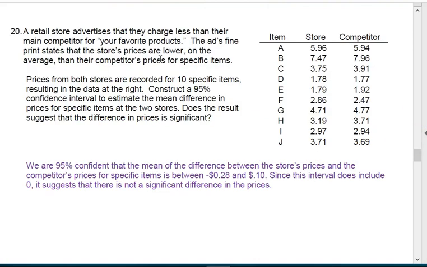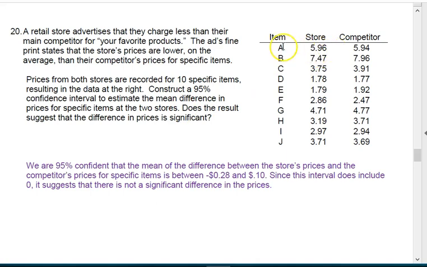The last confidence interval problem here is for the problem where we have the items and the prices at the store and at the competitor's store. This time we want to construct a 95% confidence interval to estimate the mean difference in prices for specific items at the two stores.